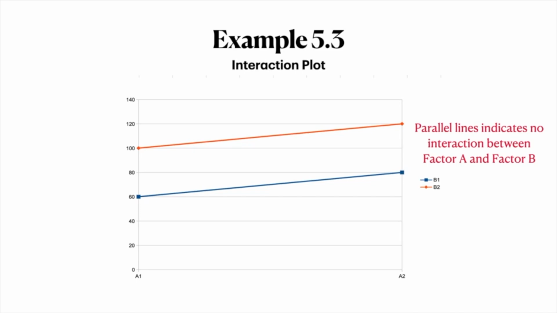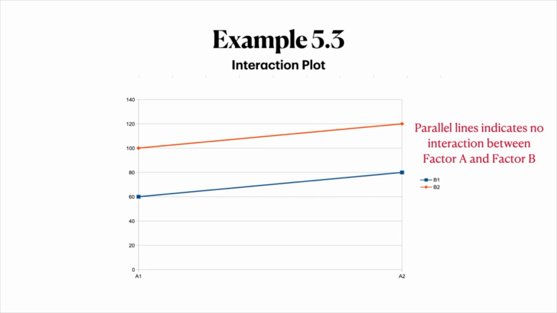But in this idealistic situation here, we're looking at assumed values of these treatment combination means. And so we see here that the two lines are parallel, and the fact that they're parallel indicates that there's no interaction between factor A and factor B. We see that the simple effect of factor B is the same at the first and second levels of A. That vertical distance between the two lines is the same regardless of whether we're looking at level A1 or level A2.